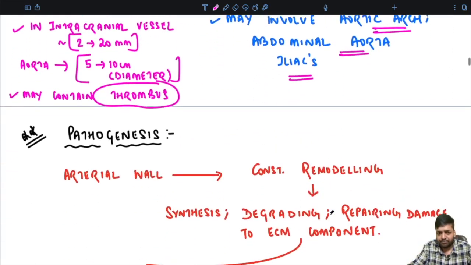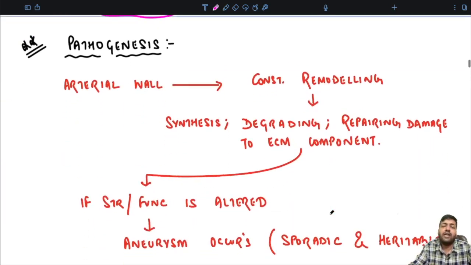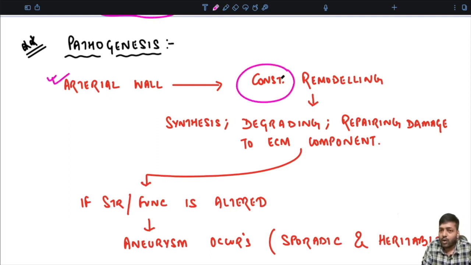Okay. Now, having discussed the different types of aneurysm, we have true aneurysm, which can be fusiform or saccular, and then we have false aneurysm. We have discussed the examples as well. Now over here we are going to discuss the basic pathogenesis of an aneurysm. So remember, normally in the arterial wall there is a constant amount of remodeling. That means there will be synthesis, degradation, and repair of damage to the extracellular matrix component.